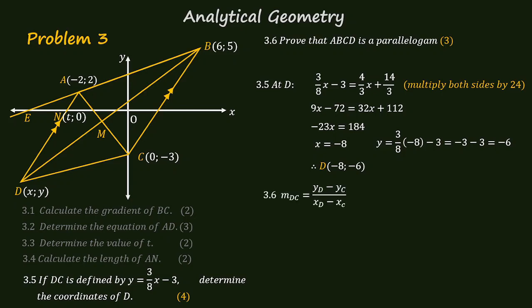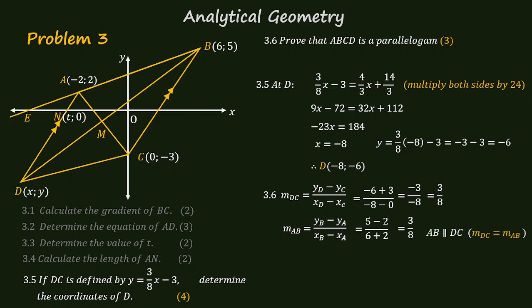Since we have the coordinates of D, the gradient of CD, or DC, will be given by 3/8. And the gradient of AB, which we have all the information for, is also 3/8. Therefore, DC and AB are parallel to each other because they have the same gradient.